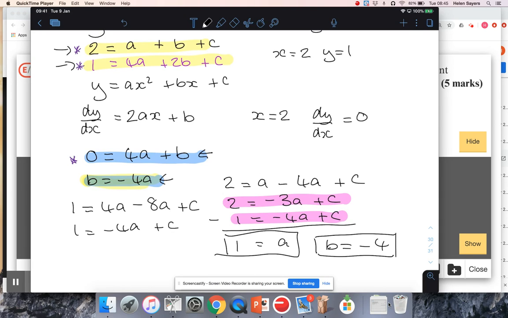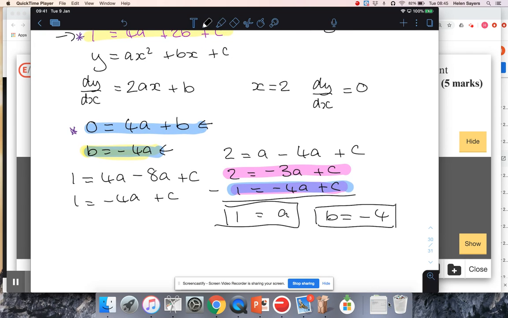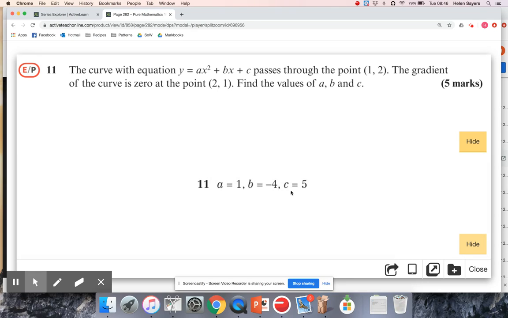And if I just use one of these, I can find c. If a is 1, this one here will become 1 equals minus 4 plus c. If I add that 4 over, I will get c is 5. Okay, let's just double check those answers. So we're getting a is 1, b is minus 4, and c is 5. Lovely, job done.